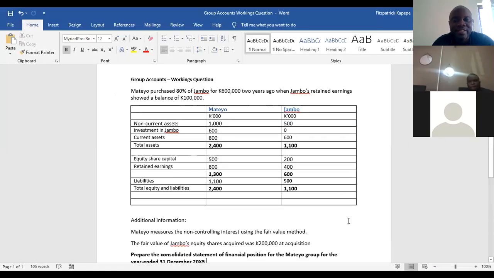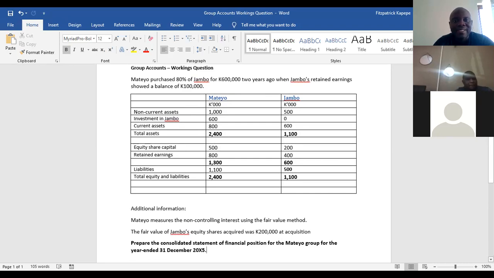So the question reads, Mateo purchased 80% of Jumbo for 600,000 kwacha 2 years ago, when Jumbo's retained earnings showed a balance of 100,000. You have the balance sheet. Then down there, additional information. Mateo measures the non-controlling interest using the fair value method.